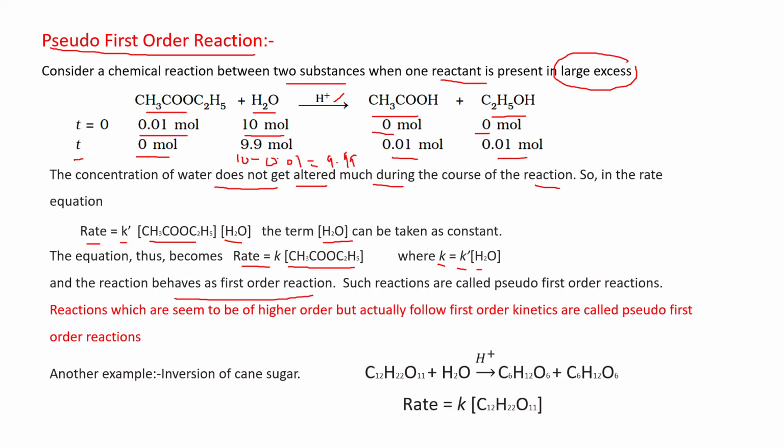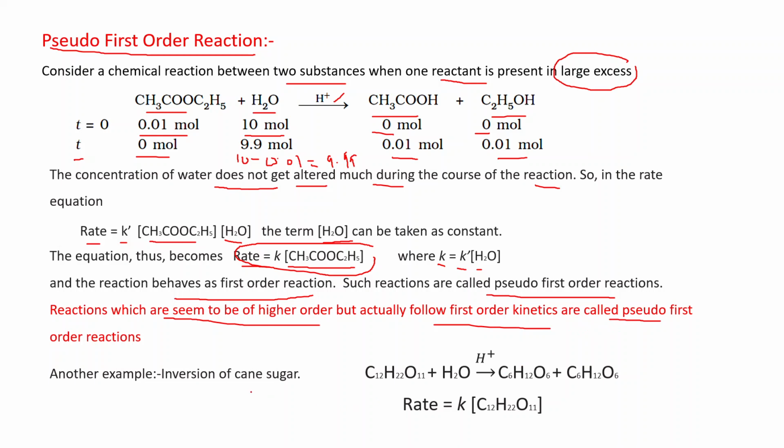This represents the rate expression for first order reaction. Such reactions are called pseudo first order reactions. How can we define them? Reactions which seem to be of higher order, like this seems to be second order, but actually follow first order kinetics, are known as pseudo first order reactions.